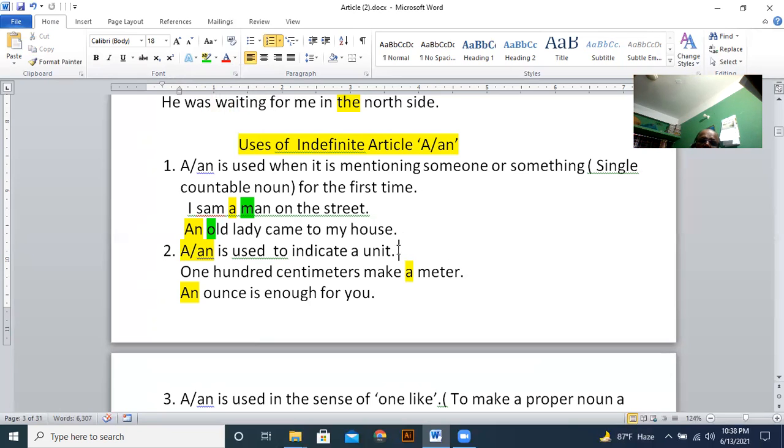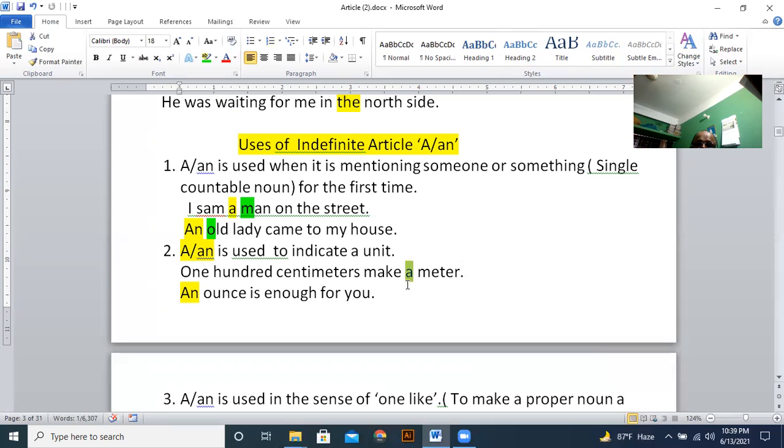Next, serial number 2. A or an is used to indicate a unit. Now look, 100 centimeters make a meter. So here, meter is a unit. So before a unit word you have to use a or an.